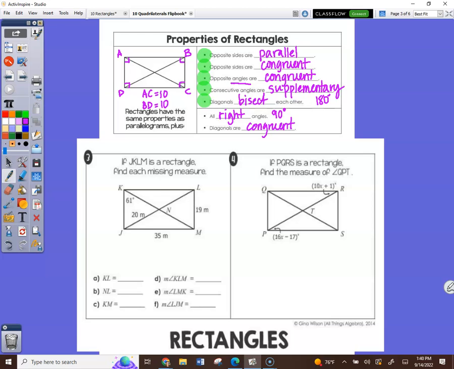Now we need to add two notes. You need to write whatever I write, you write. We need to add two notes wherever you can find space. Look for alternate interior angles.